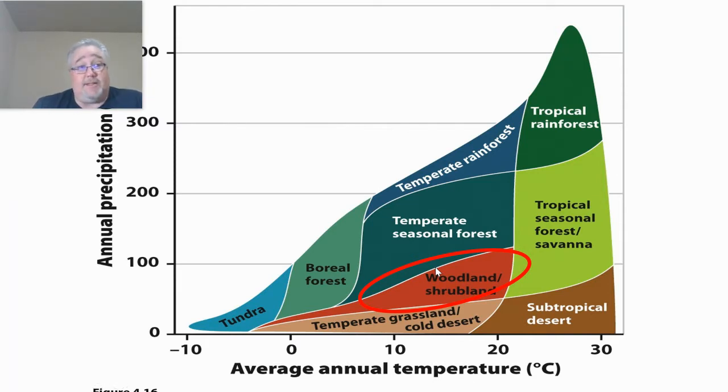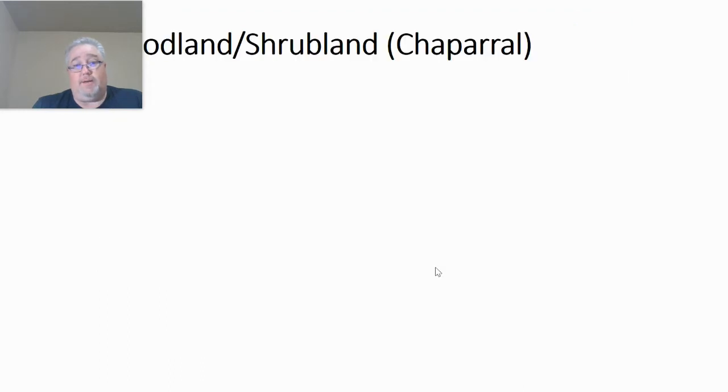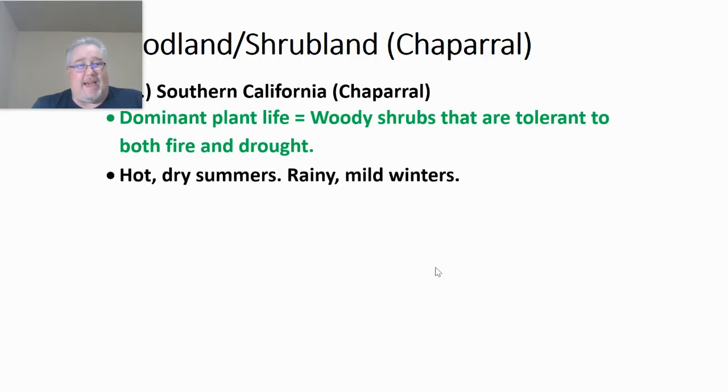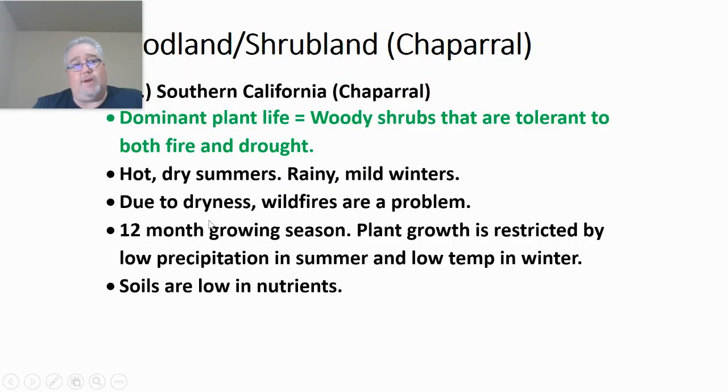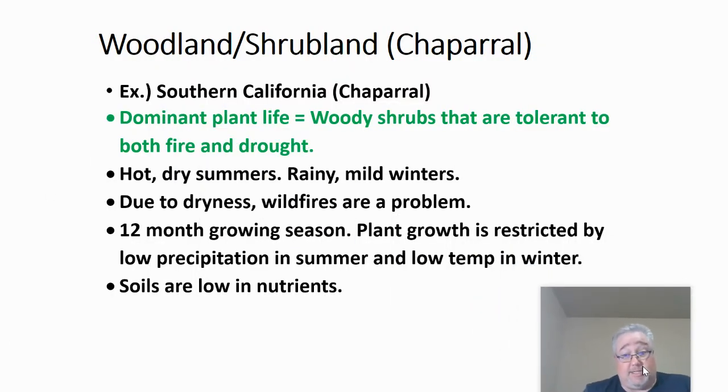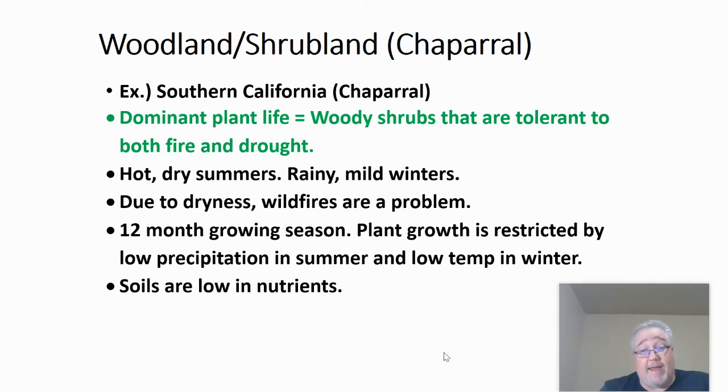The big difference is they don't have the rainfall. It barely rains at all in the summer months in the woodland shrubland. They do get a lot of rain in the wintertime, but the summertime is extremely dry. And because it's so dry, that leads to an increase in forest fires.